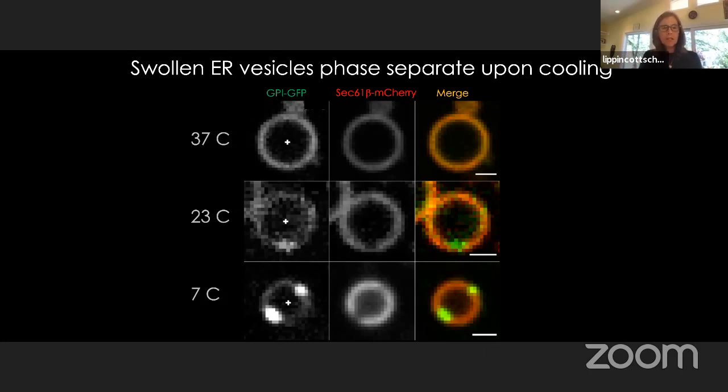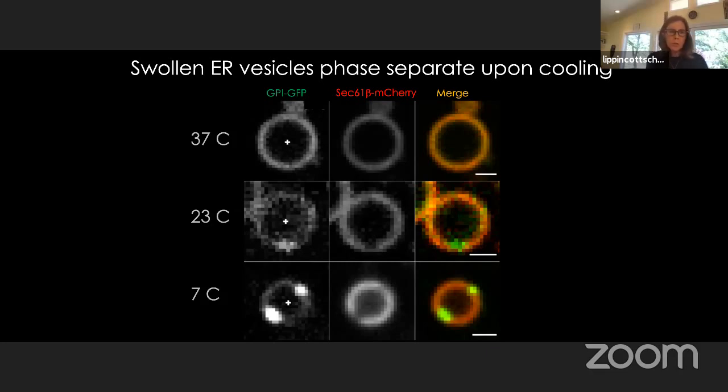Now, the implication of this is that under normal conditions, the GPI-anchored protein is surrounding itself with very different types of lipids, and that those lipids are actually present in the endoplasmic reticulum at steady state, because there is no communication going on between these swollen ER vesicles. They are not budding things off. They are frozen vesicles sitting in a cytoplasm. And all we're doing is just dropping the temperature, and we see these proteins segregate.